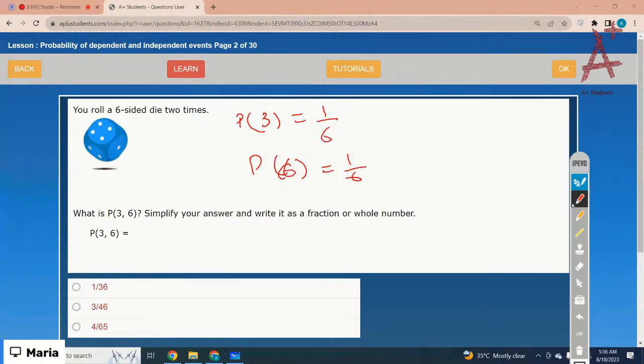So for the probability of 3 and the probability of 6, you have to multiply both the probabilities. It would be 1 over 6 times 1 over 6, which is 1 over 36, right? So the correct option is 36.